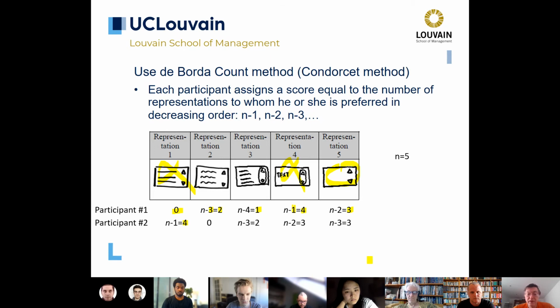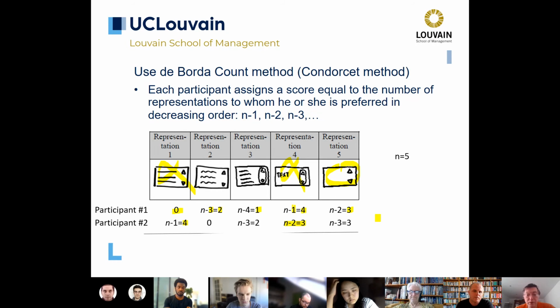Then the second one is this one, and it receives a score of 3. So this is a mistake. It should be 2 here. I made a mistake in the copy paste. Anyway, we collected all of these scores for the representations. And of course, we need to have a series of participants, not just 2.